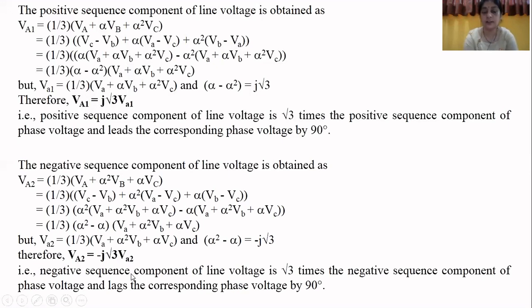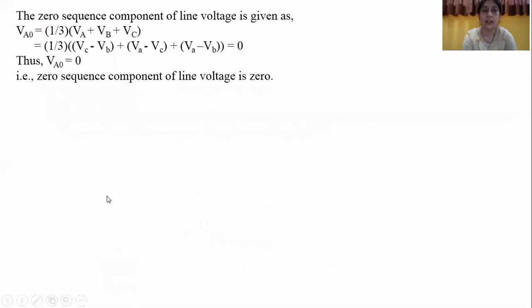When it comes to the zero sequence component, we can observe that V capital A naught is 1 by 3 times of VA plus VB plus VC, and representing them in terms of the phase voltages, we get V capital A naught to be 0, meaning to say that the zero sequence component of line voltage in a star connected system is 0.